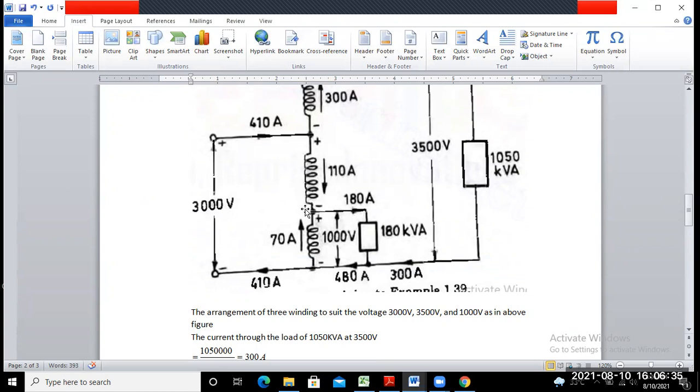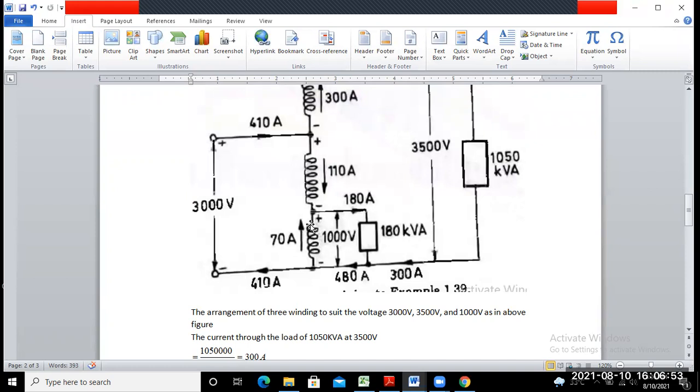Now, consider this point as node B. We already found that 180 ampere is going outside from this node and 110 ampere is incoming at this node. So how much current is going through this winding in this direction?